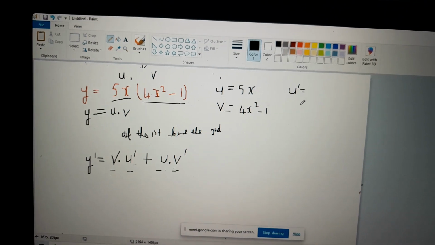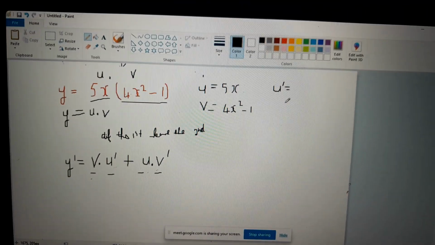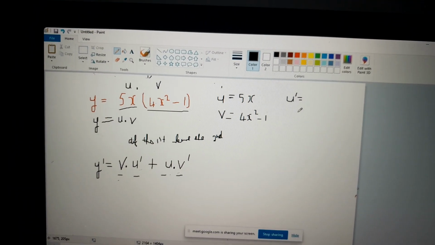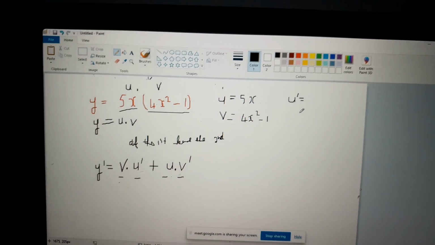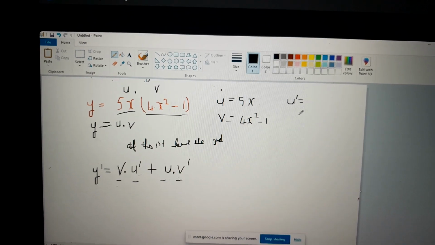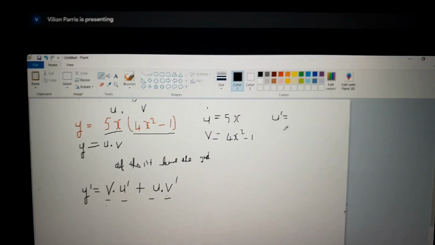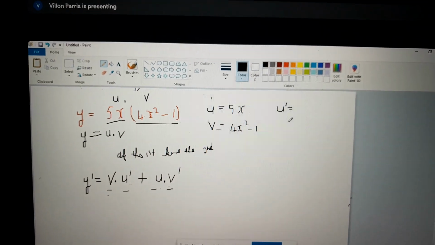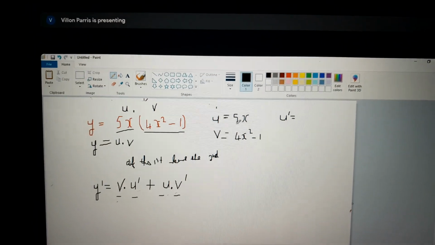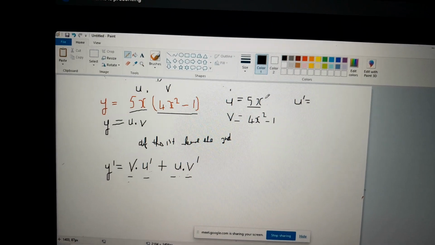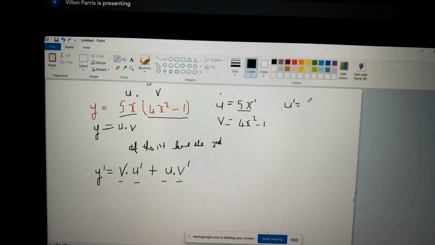Come on, multiply by the power, take 1 from the power. Basmati? Hi, sir. Yes, I'm asking, if we find the derivative of 5x, multiply by the power, take 1 from the power, what will that be?